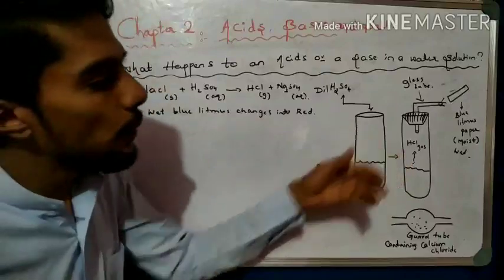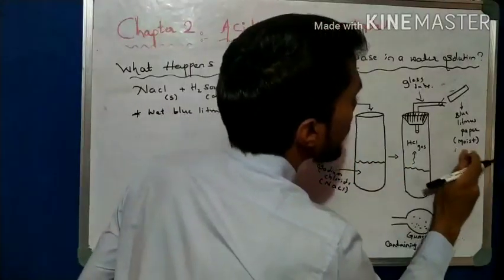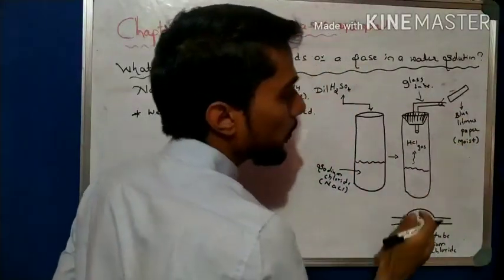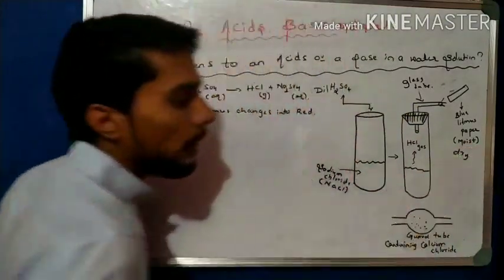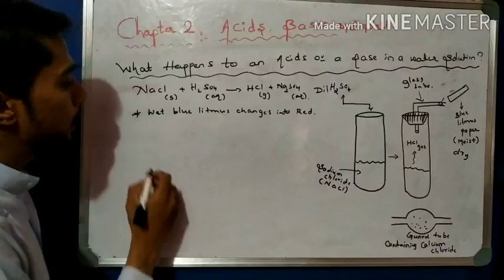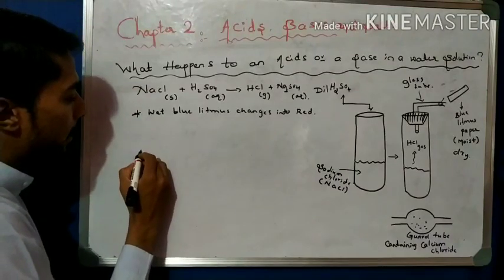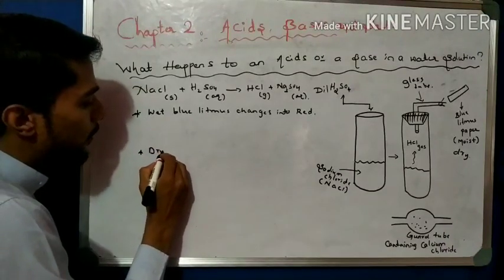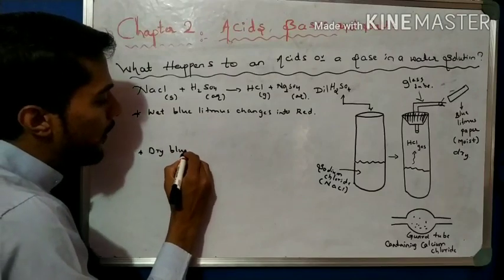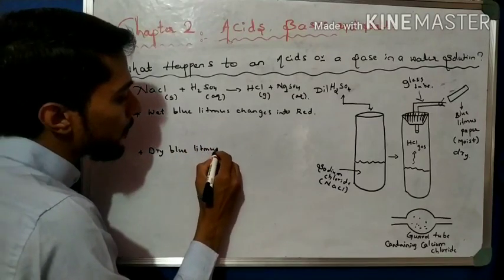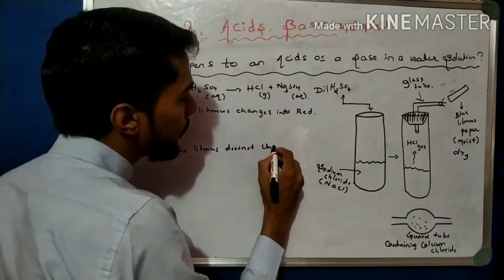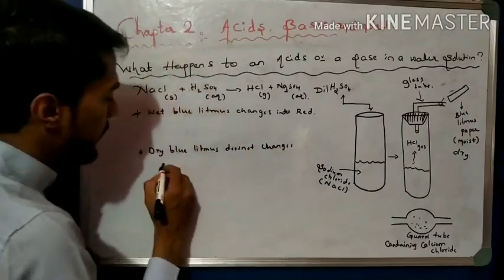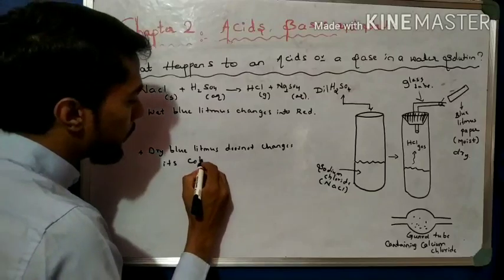Same activity, same process, but in place of the wet litmus paper I take a dry litmus paper. We observe that the dry blue litmus paper does not change its color.